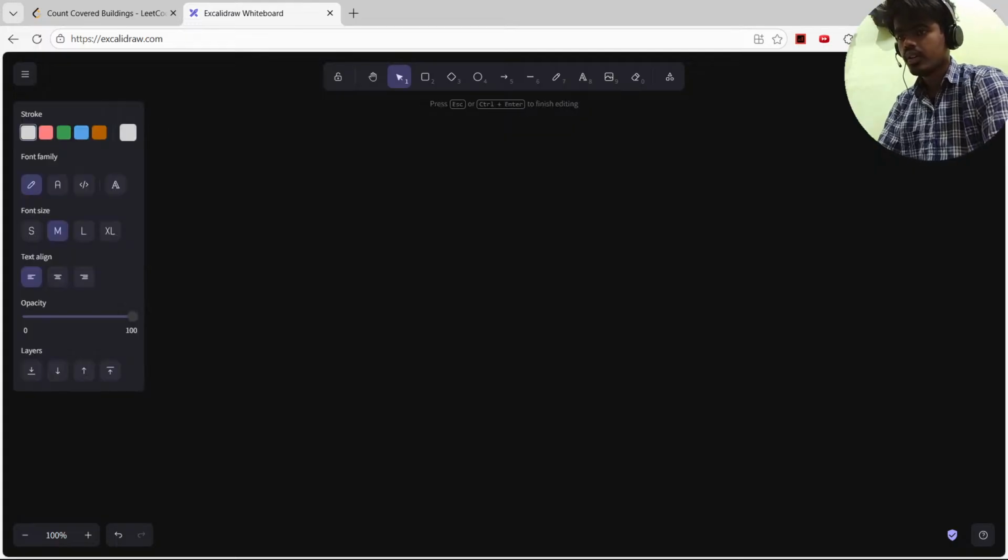For example, take a building at 2 and 3.